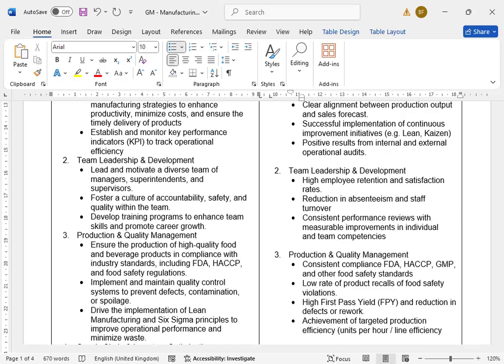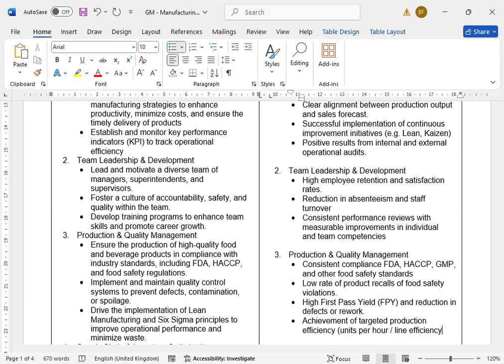Let's say, for example, you have 10 production lines of the same SKU, stock keeping unit, or production line for one product. Then you compare the lines, line number one, line number two, line number three, who is producing more in terms of units per hour.